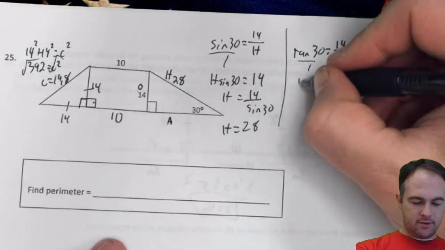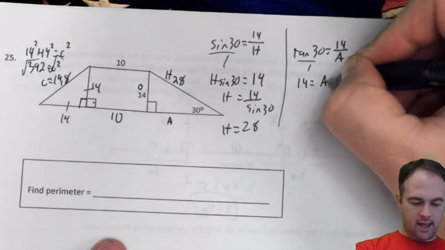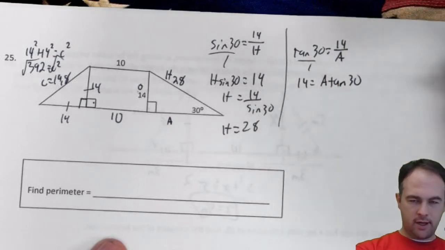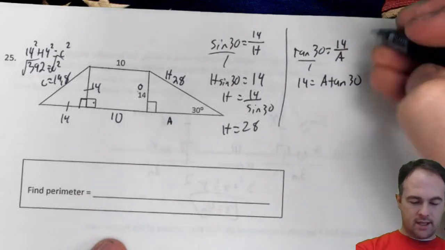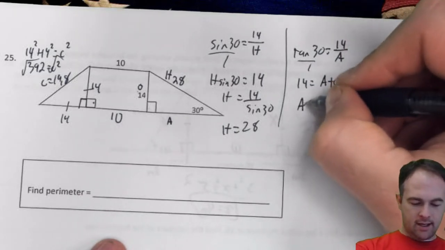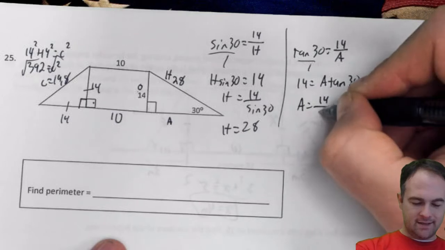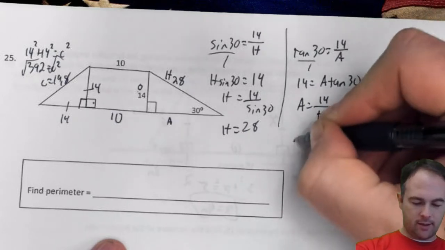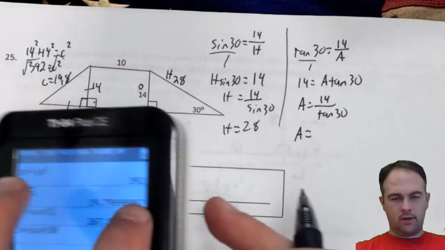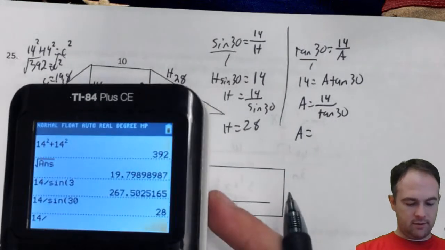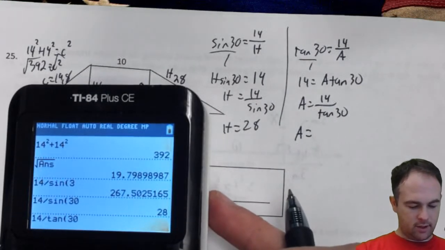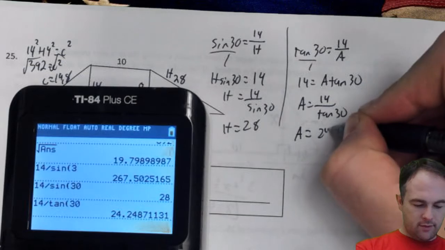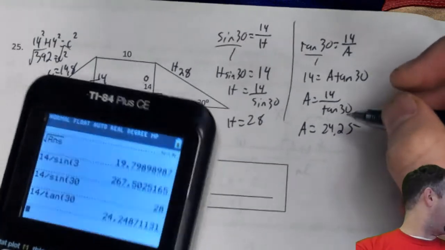Cross multiply gives me 14 equals a tangent 30. Divide both sides by tangent 30, and I get a equals 14 divided by tangent 30. Go to the calculator. 14 divided by tangent 30 is 24.25.